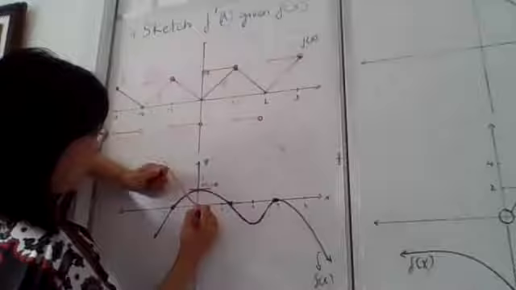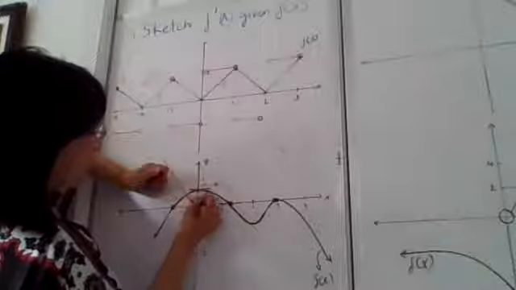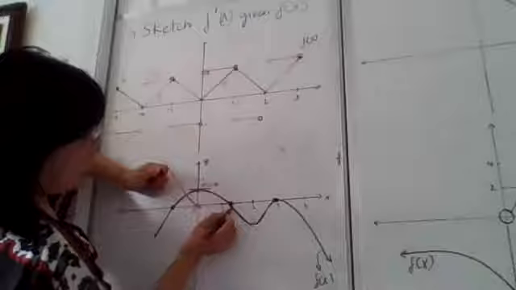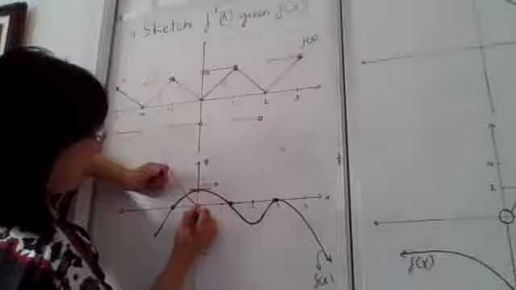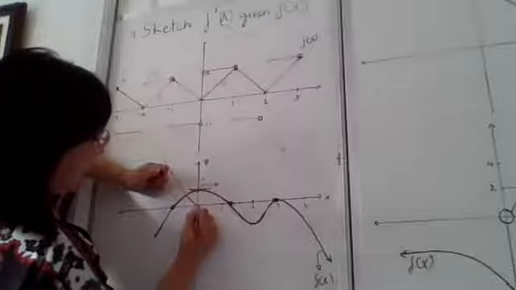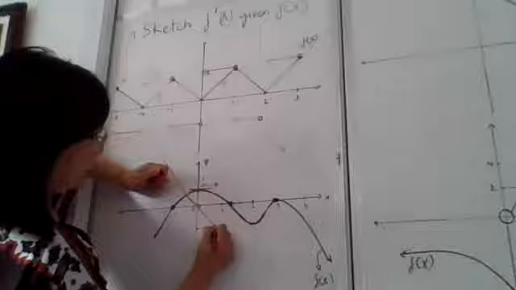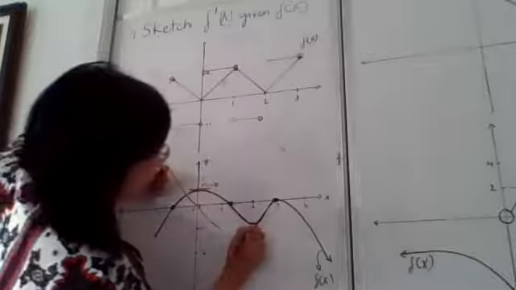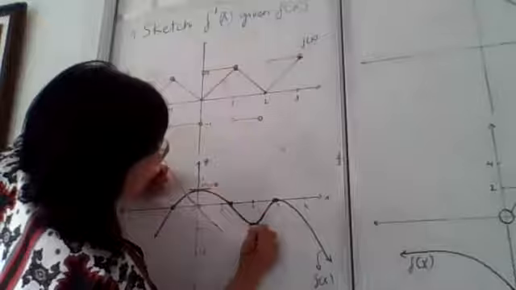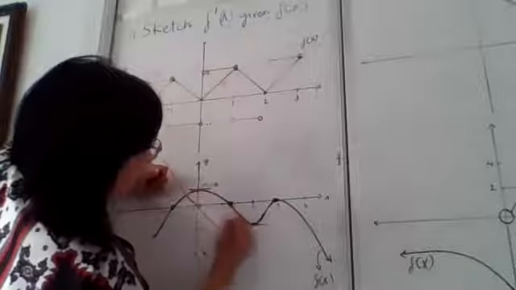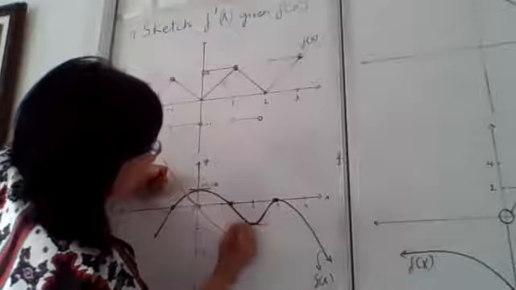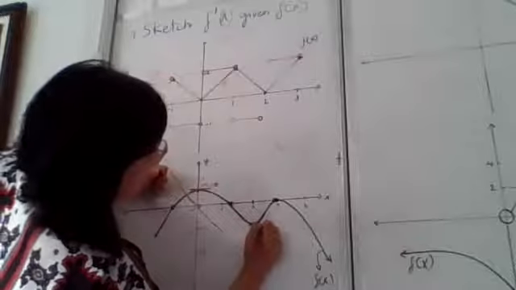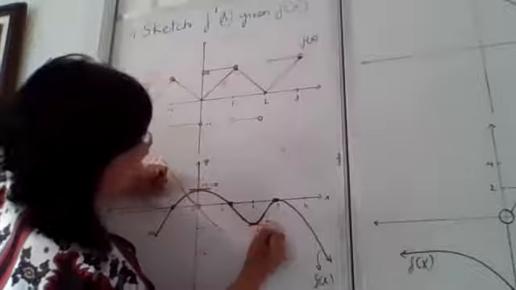So now, at this point, the function starts decreasing, right? Following the shape, the slope of this function is decreasing. Therefore, we have a negative slope down here. And we have a negative slope until at this point, the function starts increasing again, right? Slightly increasing, and then the slope becomes 0, right?